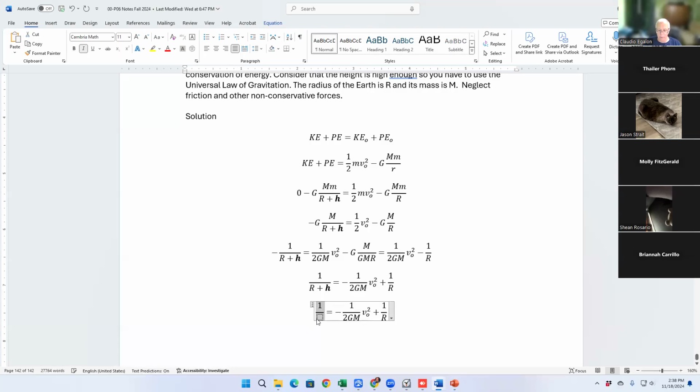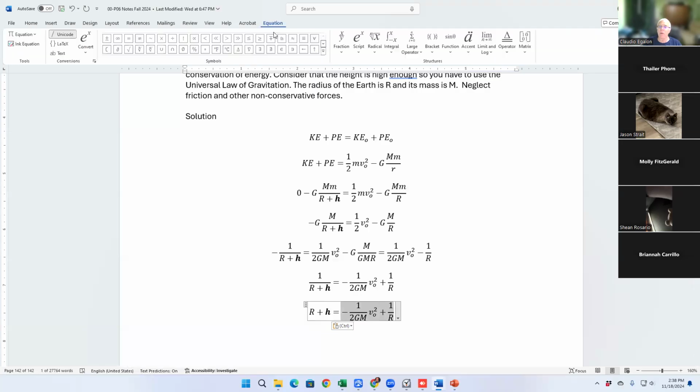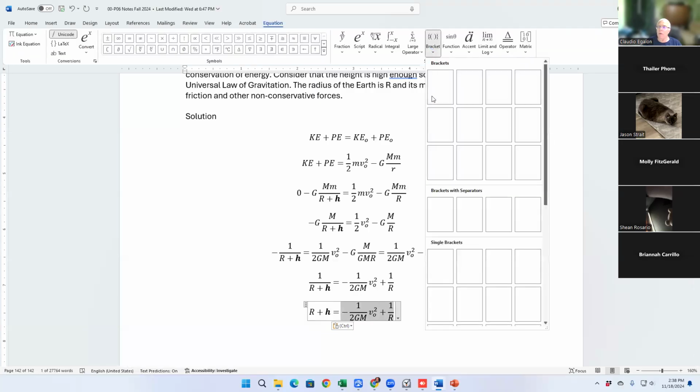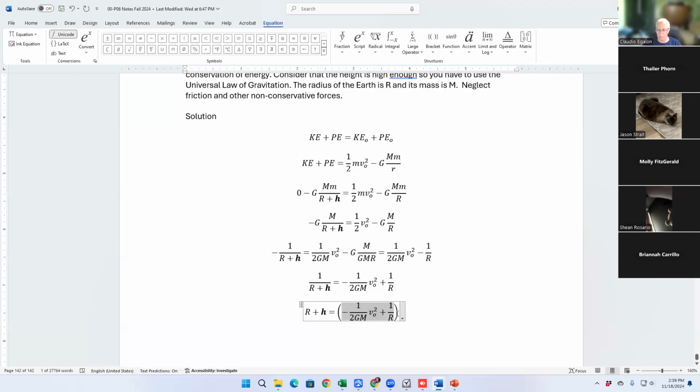Might be better to put it under the same denominator, right? I should have put it under the same denominator from the very beginning. This one is going to be, first I'm going to put between parentheses, right? Here you go. Power of -1, like that. And now I can start putting that under the same denominator. Hopefully it's going to simplify our equation.